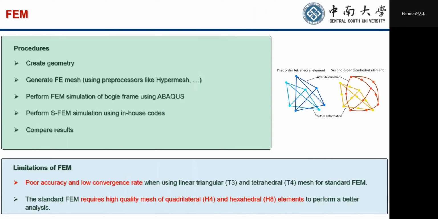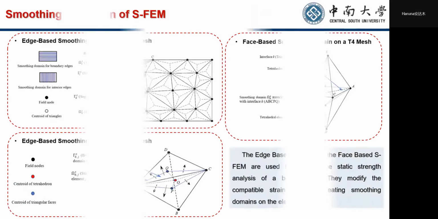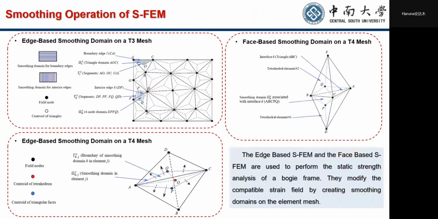Another proposed way of doing this is to use the smooth finite element method. The smooth finite element method, or SFEM, is a numerical technique for solving PDEs, partial differential equations, and it's an extension of the standard finite element method.